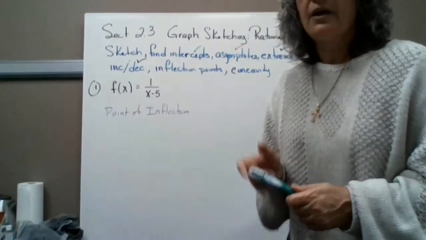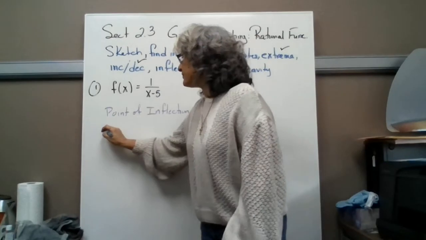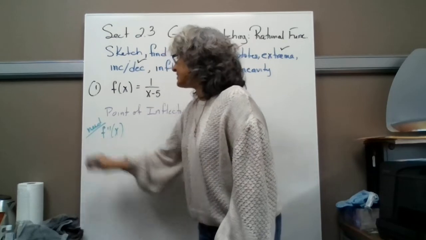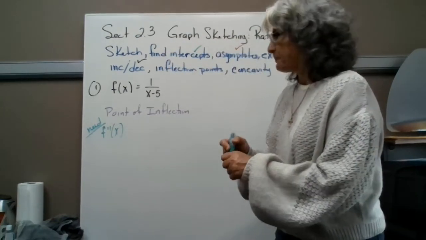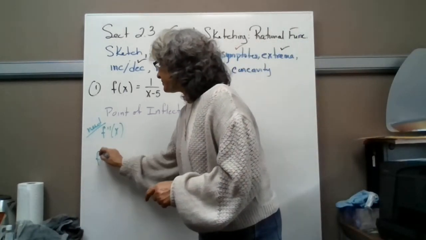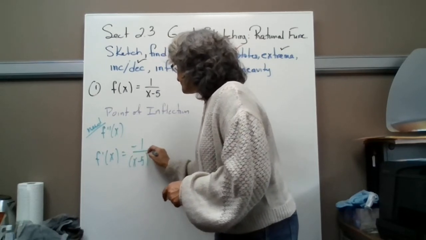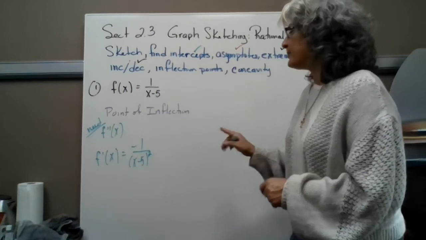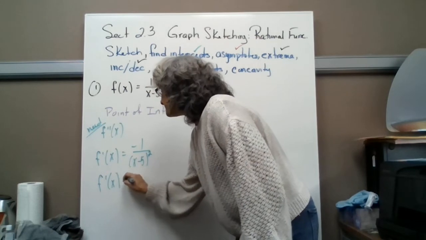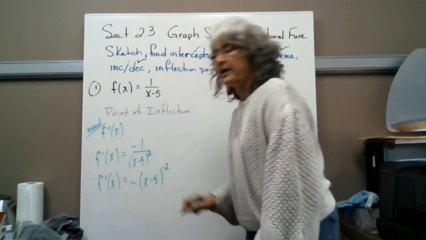Okay, next on my list is finding the points of inflection. To find the point of inflection, I need the second derivative. So again, on my first derivative, this is what I ended up with, correct? I personally don't want the denominator again, so I am going to rewrite this as x minus 5 to the negative second power.